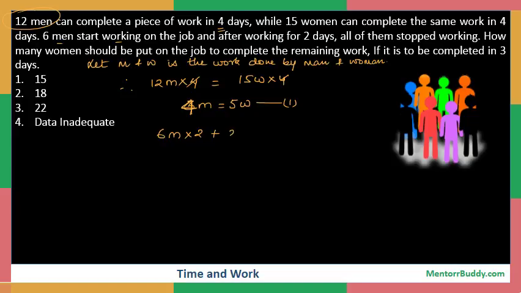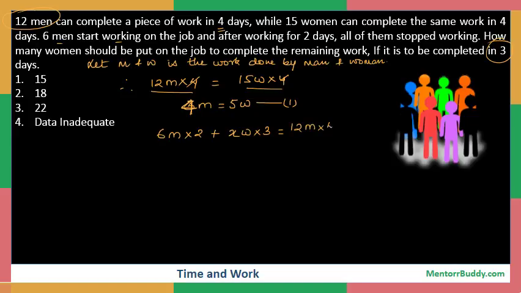So if there are X women put on the job and they work for 3 days as it is given in the question, the work gets finished. Now when we say work gets finished, it can either be 12M into 4 or it can be 15W into 4. So I'll just put the value of either of them.